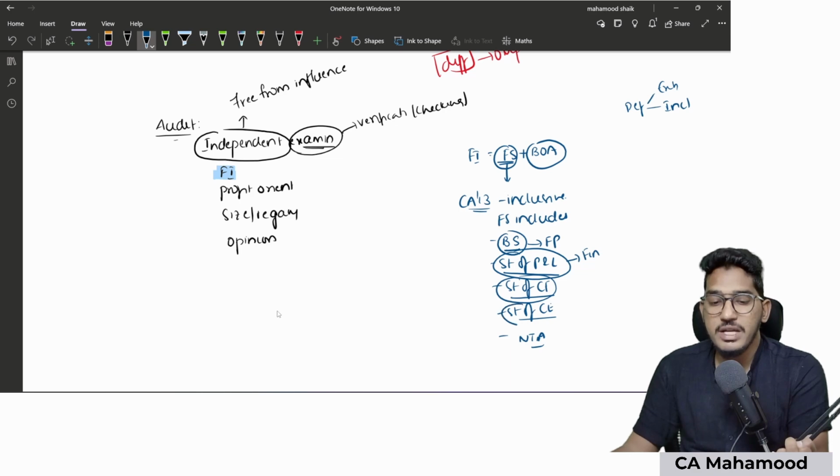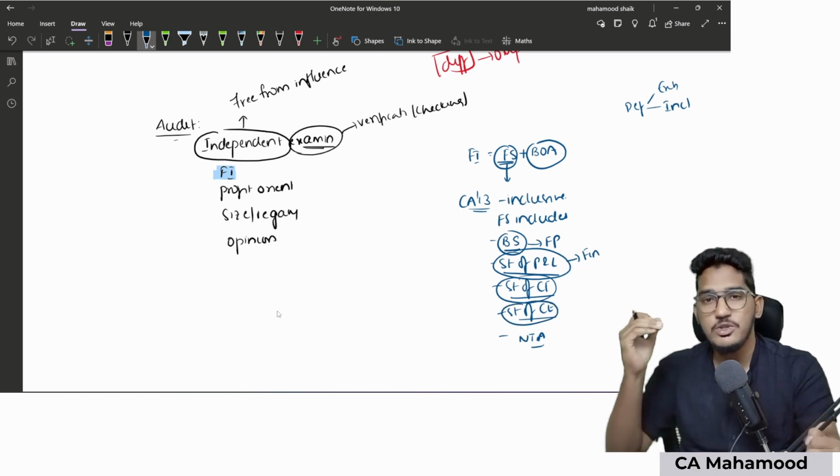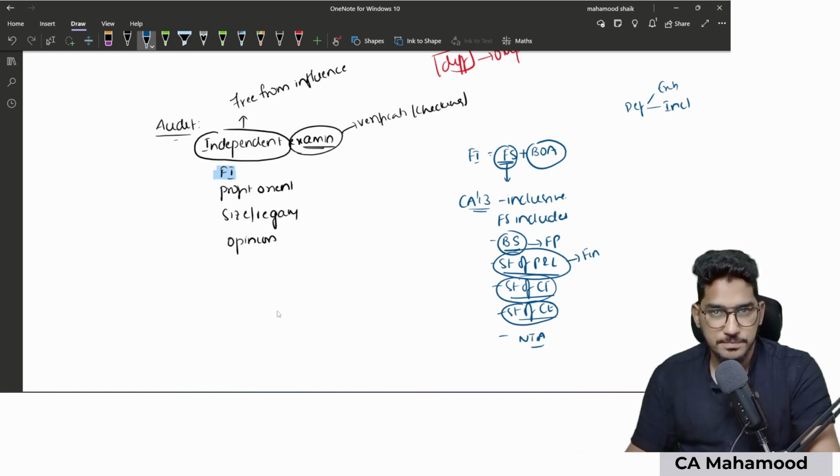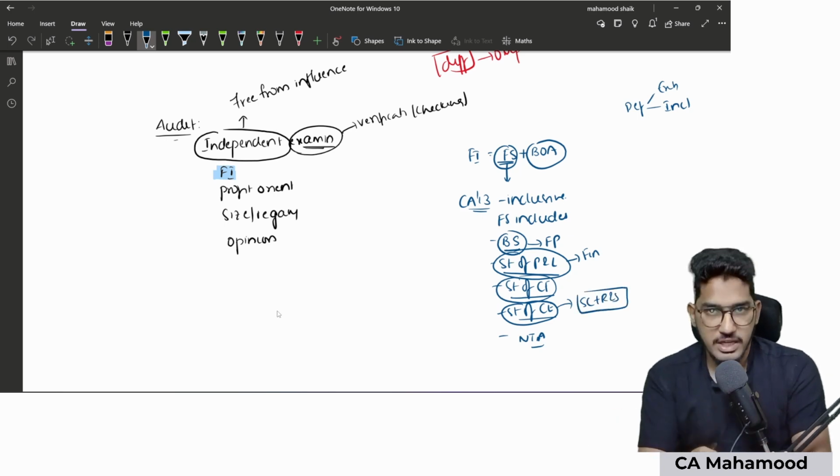Similarly, the statement of changes in equity is a statement which shows the net increase or decrease in equity that happened during the year. And when I say equity here, equity generally means share capital along with the reserves and surpluses. That cumulative balance, we call equity.